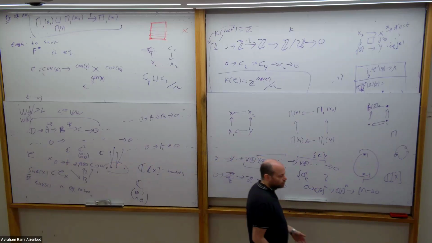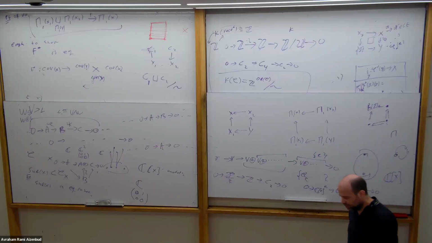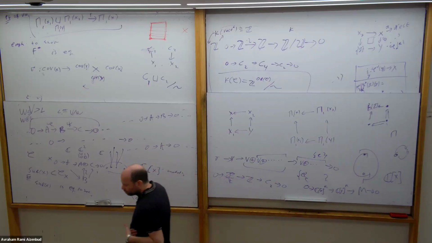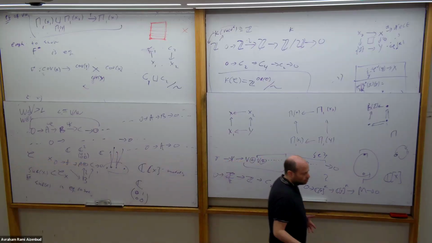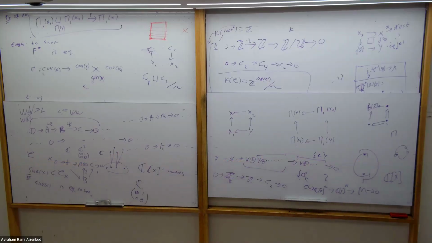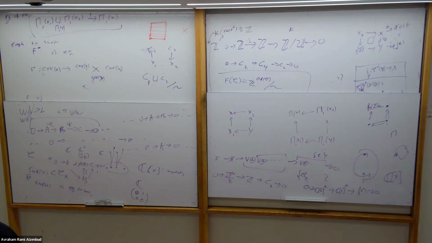If any object is a finite extension of simple objects, like in the Jordan-Hölder situation, then the Grothendieck group is just a free abelian group generated by these. Sometimes it happens and sometimes not, because if you allow infinite things, then your infinite thing can swallow the finite things and make them simple. If you allow all infinite things in your category, like infinite direct sums, then you just lose that.